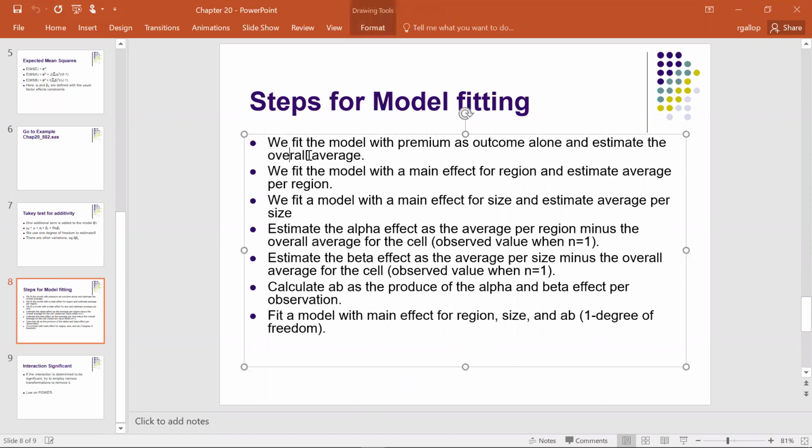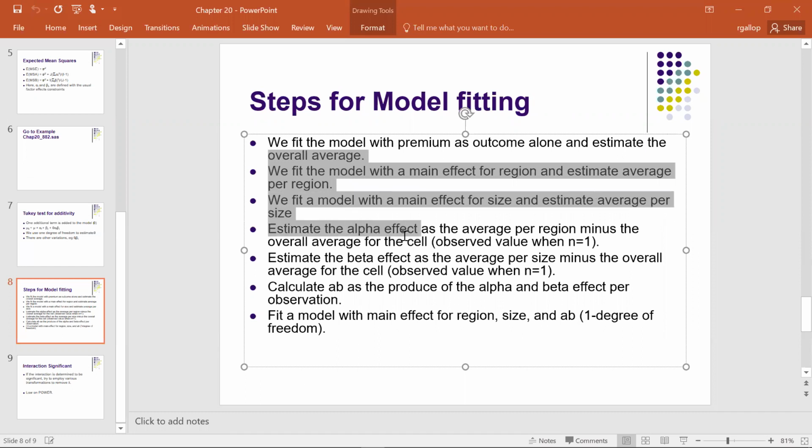We find the overall average, the average per level of factor A, in this case region, the mean per level for factor B, which in this case is size. Then we get this alpha effect, which is the deviation of the average per region from the overall average. Same thing for the beta, the difference of the average per size from the overall average.